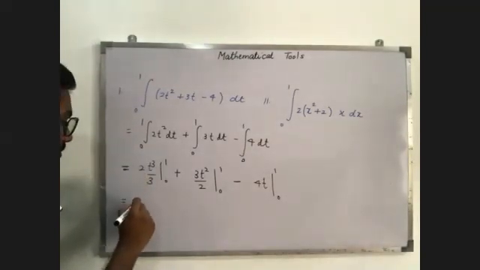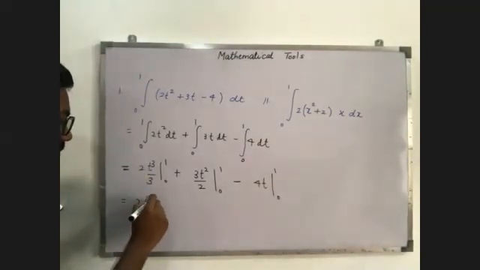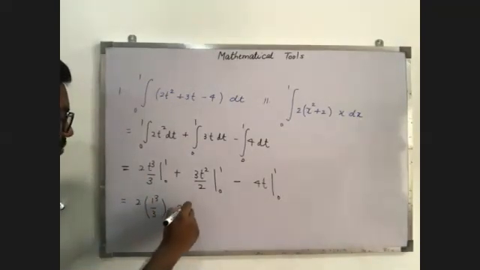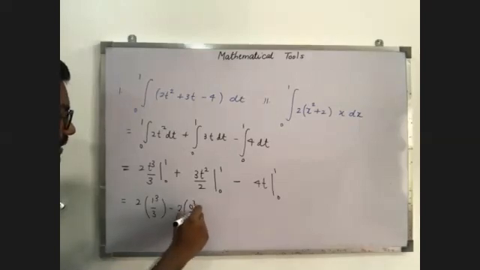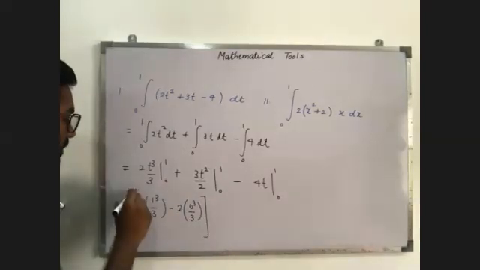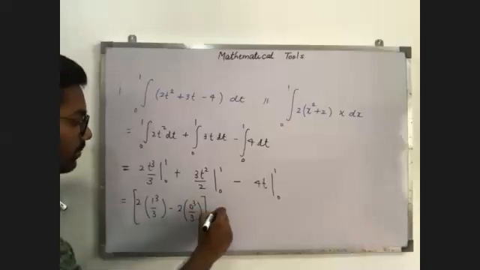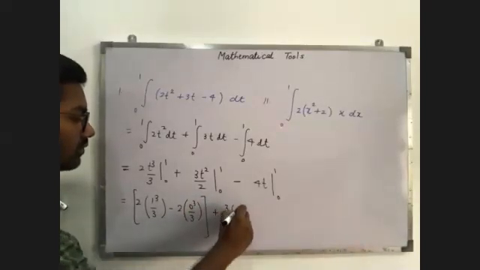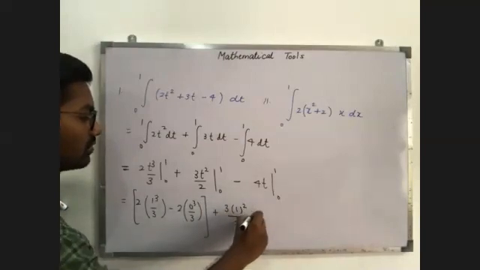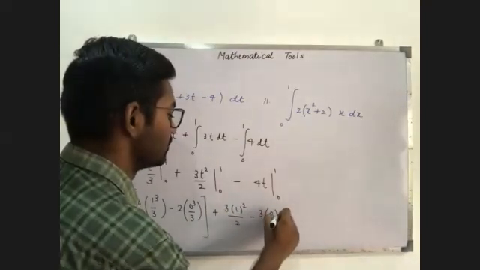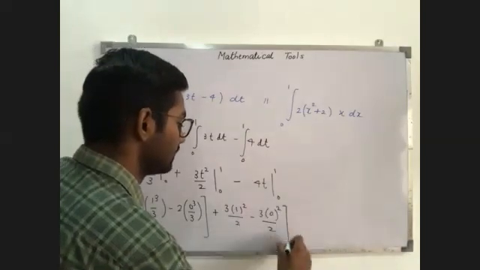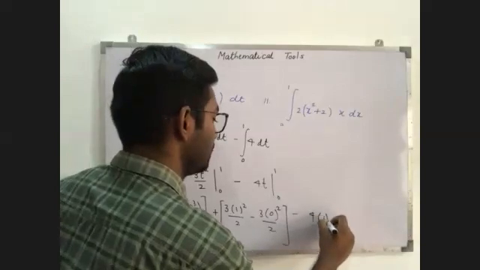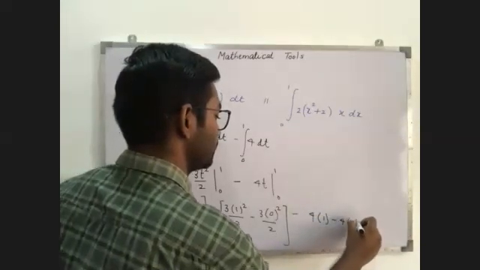This is 2 into 1 cube by 3 minus 2 into 0 cube by 3. This is for the first one, plus 3 into 1 square by 2 minus 3 into 0 square by 2. This is for the second one, minus 4 into 1 minus 4 into 0.